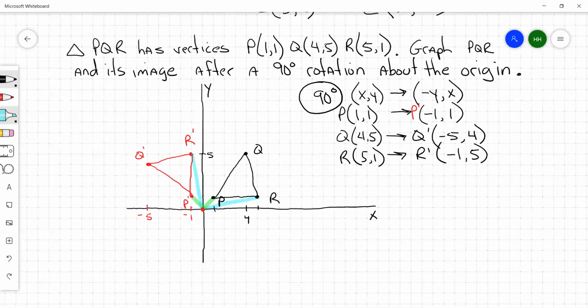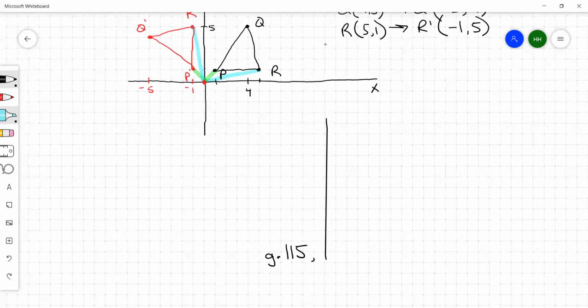All right, so with that, I'm going to give you some practice problems. Those practice problems are going to be on page 115. On page 115, you're going to do 1 through 6.